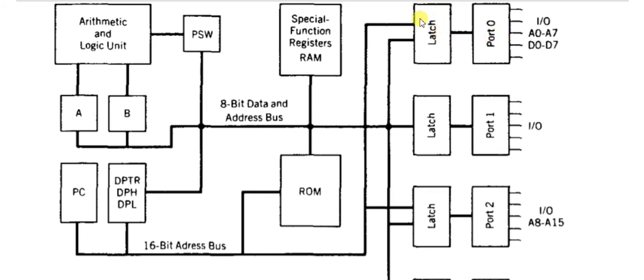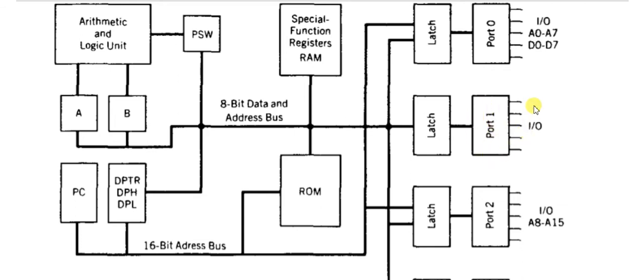Behind this, there is a latch or D flip-flop connected with each pin, so it can hold the data inside the flip-flop. Every pin contains one D flip-flop which handles the input and output operation of that particular pin.